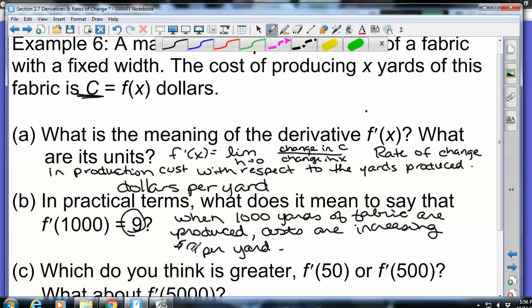So the derivative doesn't tell you the cost at that point in time. It tells you how the cost is changing. So it tells me how fast my costs are rising at that point.